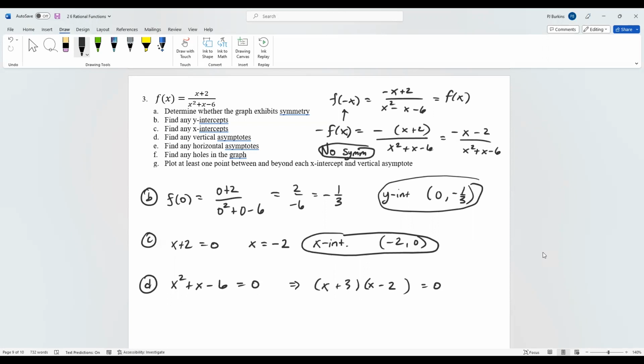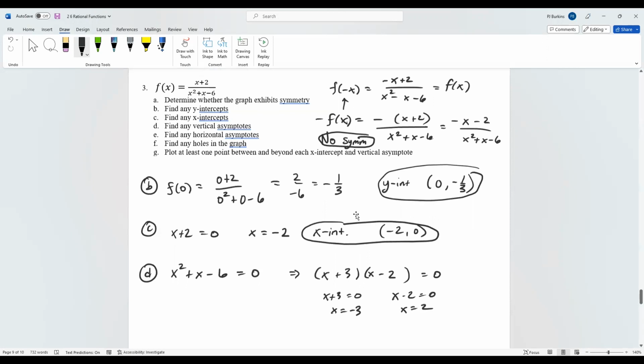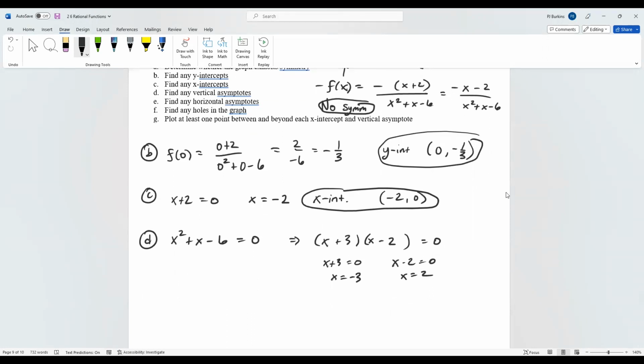Then if we set each one of these equal to 0 separately and solve, we get x equals negative 3 and x equals 2. So we have potential vertical asymptotes at these two values. I say potential because one of them could potentially be a hole.